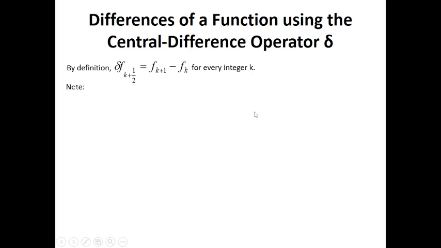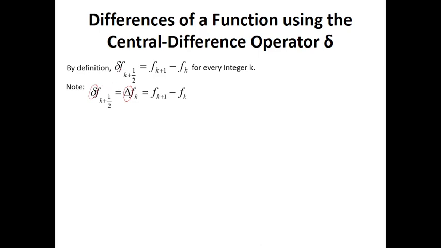So note that, remember this: lowercase delta f sub k plus 1 half is equal to uppercase delta f sub k. This is the forward difference operator. This is the central difference operator.